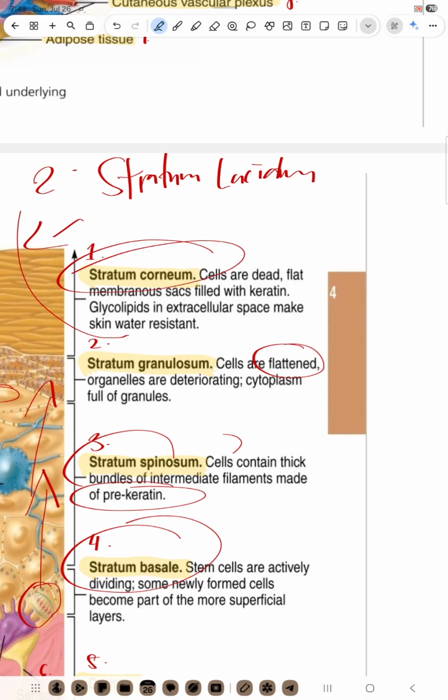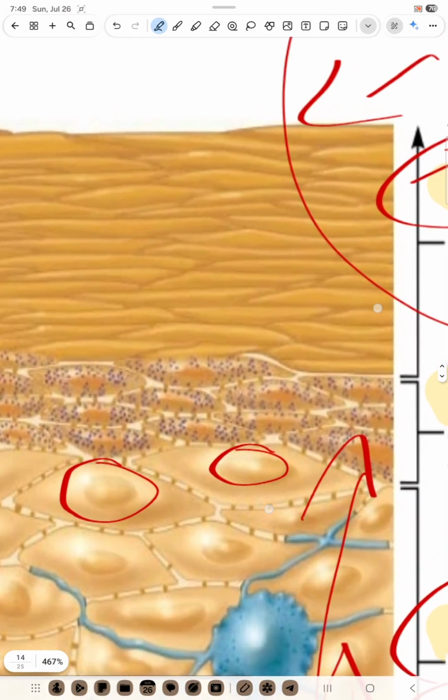The cytoplasm in our stratum granulosum is full of granules.